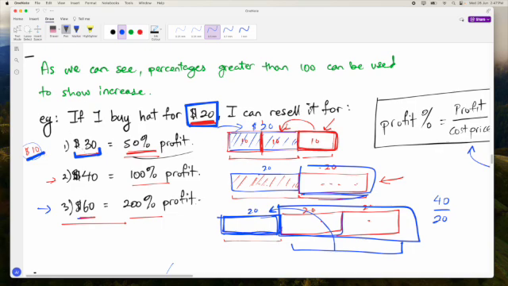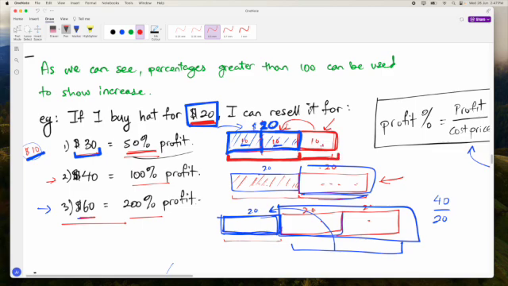Right? So imagine this here. This is our block, a little visual way to kind of see it. This block represents the original $20, and we could cut that in half, 10 by 10, right? And so when you sold for $30, what happened is you made back the $20 that you paid for it, and you made an additional $10, right?